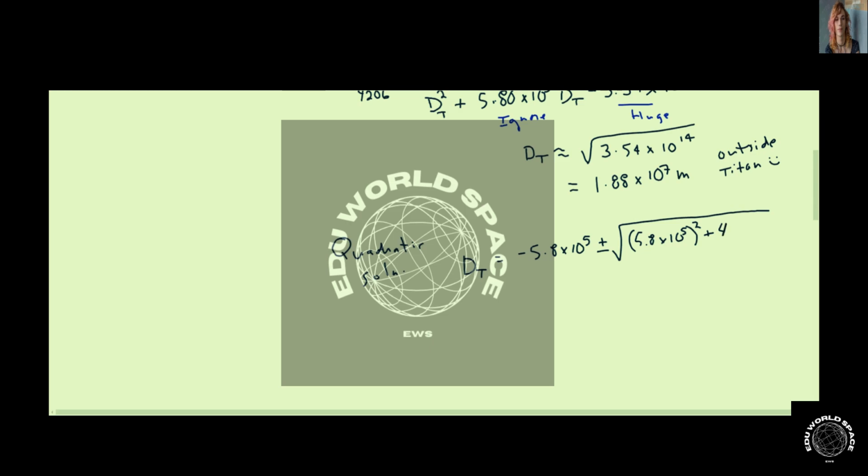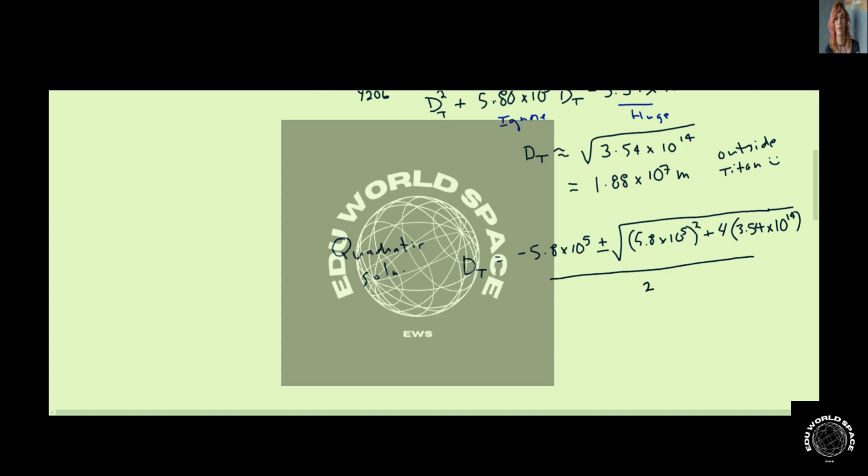A is just 1. So we're left with this big number as C. And then divide by 2.